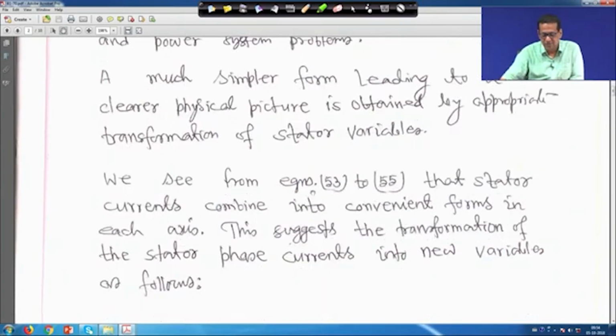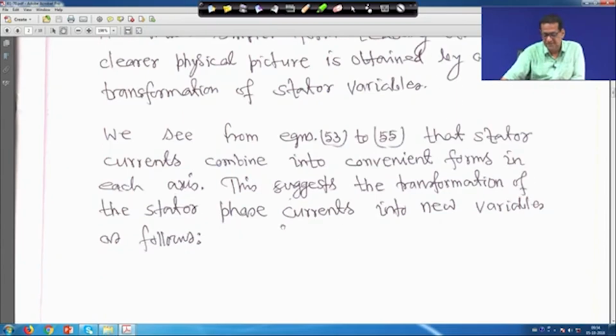So now we see that combining equations 53 to 55, that is 53, 54 and 55, the stator currents combine into convenient forms in each axis. This suggests the transformation of the stator phase currents into new variables as follows, right.